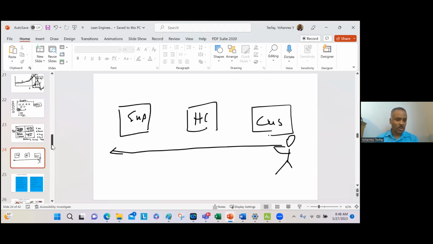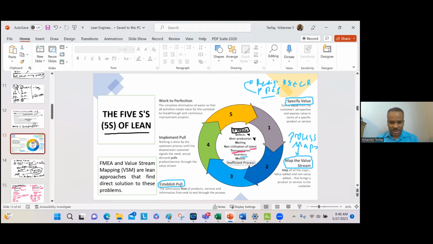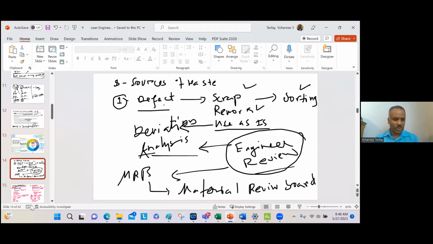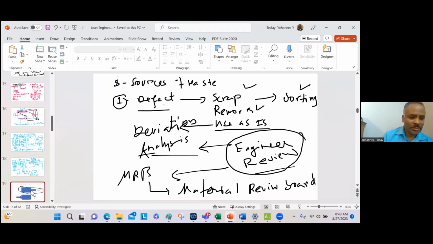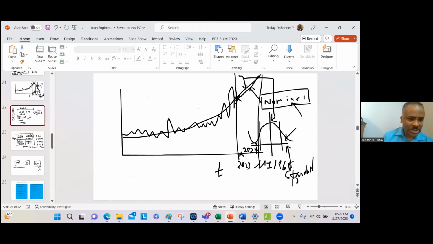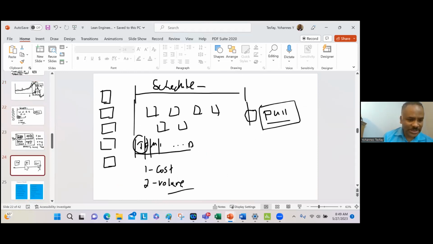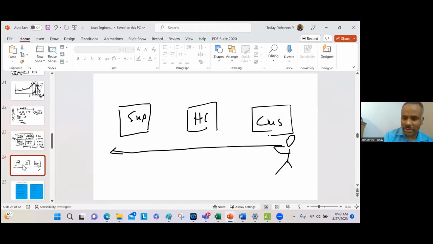That is how lean engineering works. Establish pull, then implement pull. I will show you how to implement it.